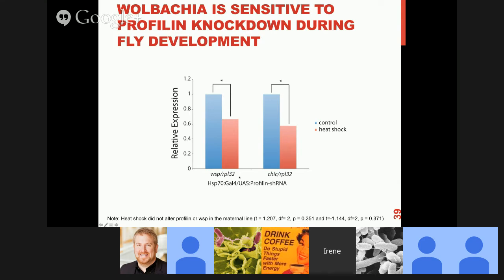I hope you can appreciate that there's a statistically significant reduction in the amount of Wolbachia we can see in these pupae and in the amount of profilin directly after we induce the short hairpin silencing trigger. So again, this points to a direct interaction between the amount of profilin that's there, its effect on the cell and the host, and Wolbachia's ability to proliferate in these tissues.